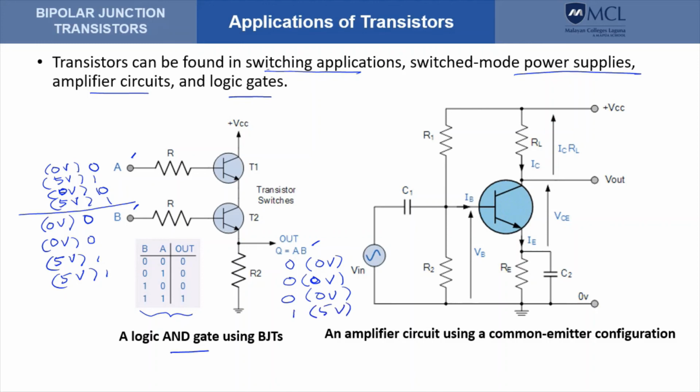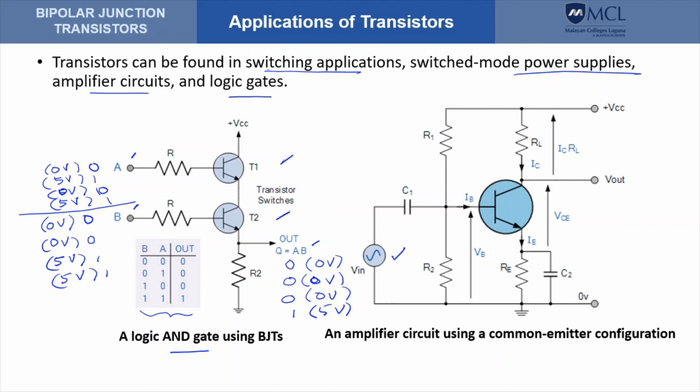So that is how an AND gate works, and this is the circuit to implement that AND gate using two transistors. The drawing on the right is actually a simple amplifier. This is the input signal here.